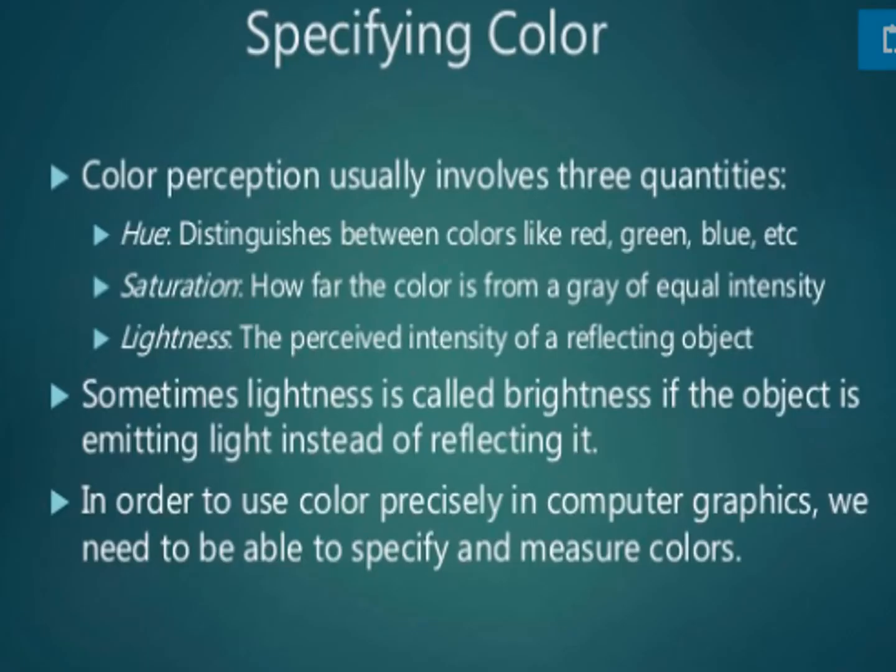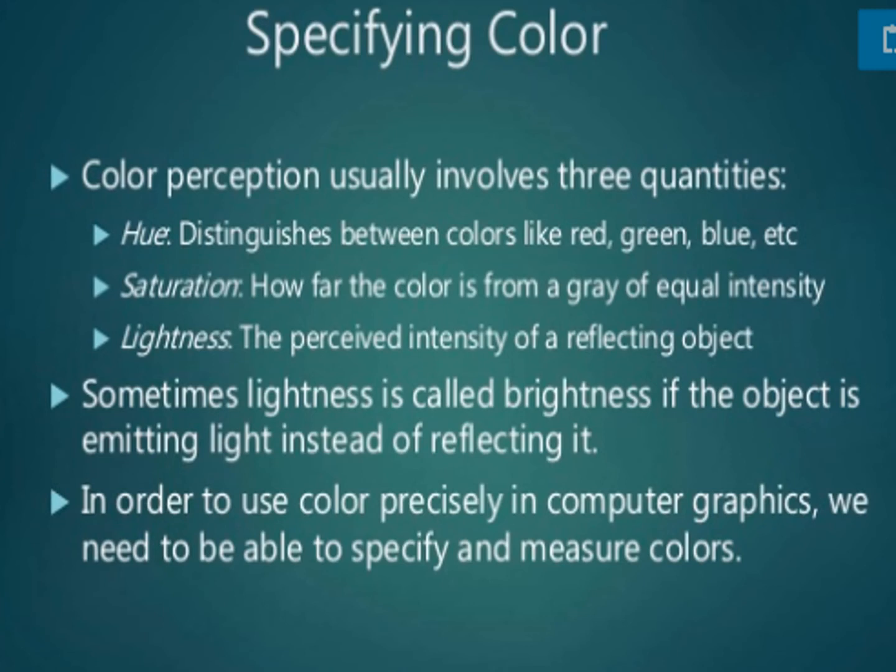Color perception, specifying color apart from binary images and grayscale images, usually involves three quantities: hue, saturation, lightness. Hue distinguishes between colors like red, green, blue, etc. It's a very basic concept of computer graphics that needs to be understood clearly.